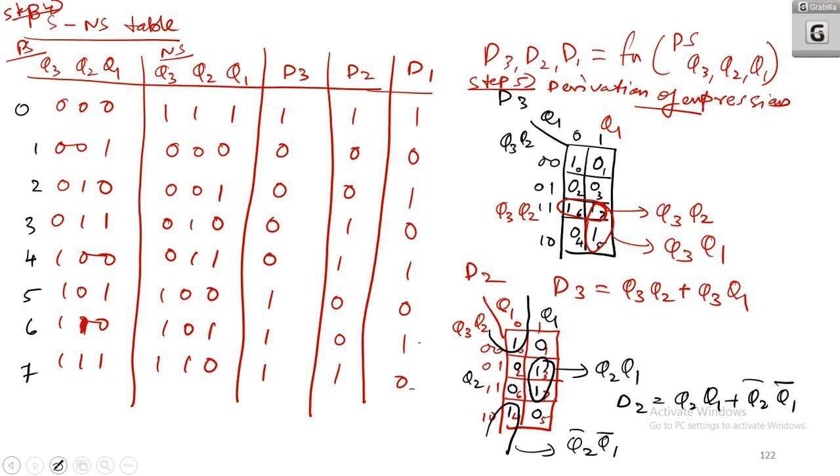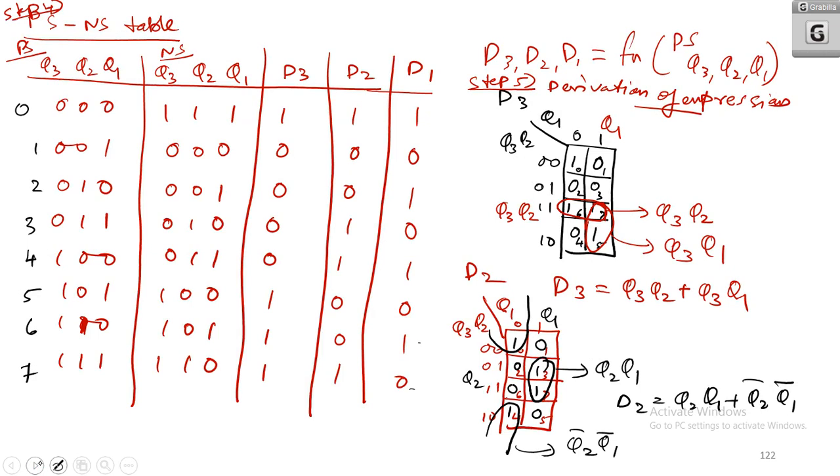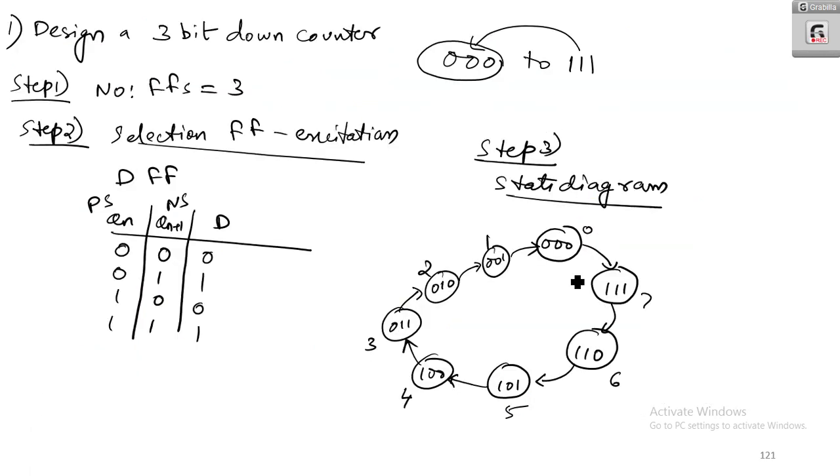Now see, if you draw the timing diagram of Q3, better you go with the state diagram, right? If it is 0, it will go 0, 1, 0, 1, 1, 1, like that. Timing diagram means you have to go in accordance with the state diagram. That's it.